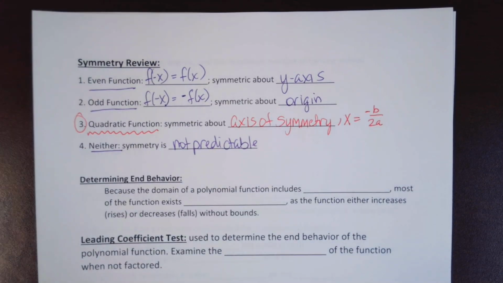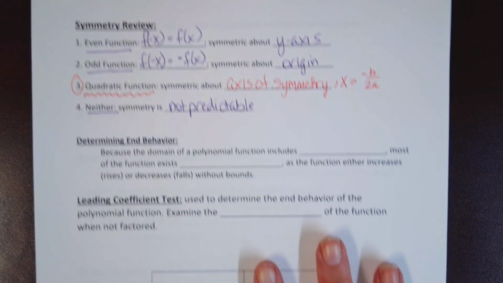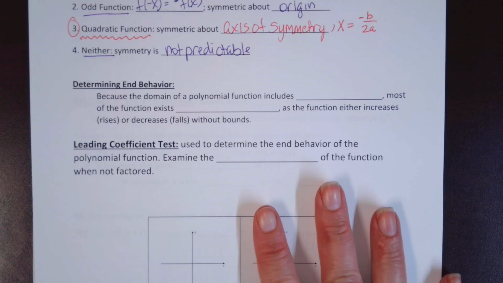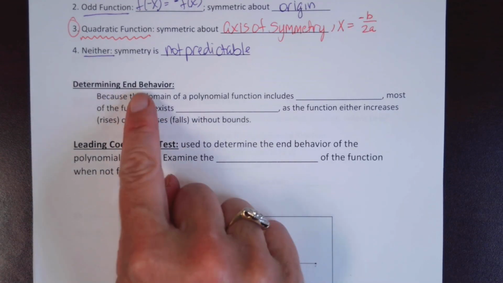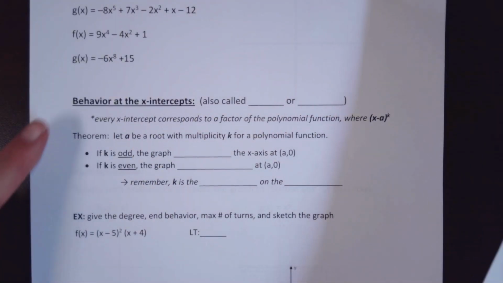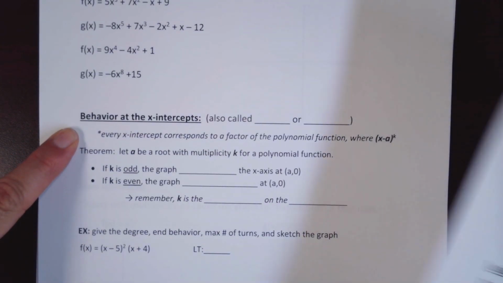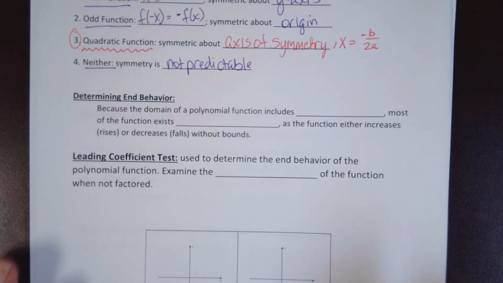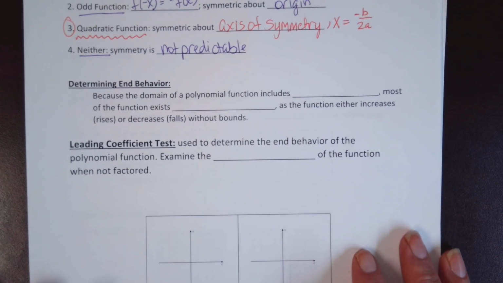New stuff. For our polynomial functions, smooth continuous curves, we have two types of behavior we're interested in. We're interested in end behavior, and then we are also interested in behavior at the x-intercept. So those are the two types of behaviors we're going to focus on in section 3.2.